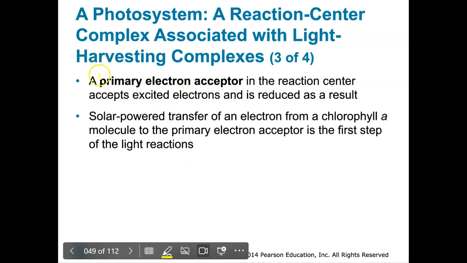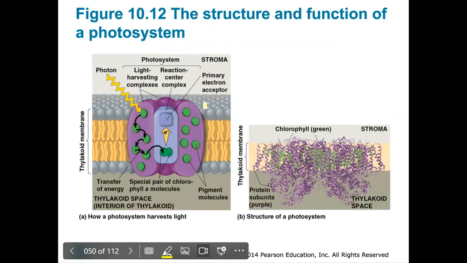The primary electron acceptor, remember, is included in the reaction center, and it accepts excited electrons that come from the chlorophyll A molecules.